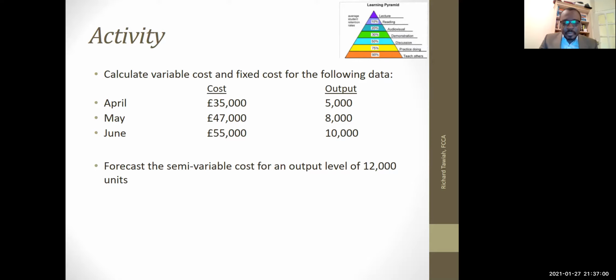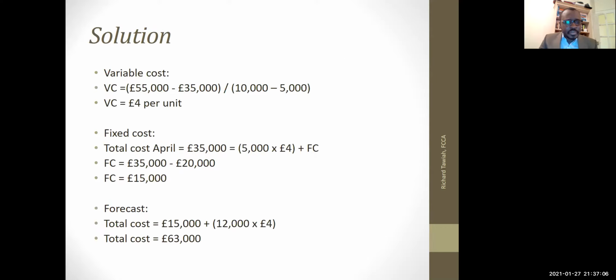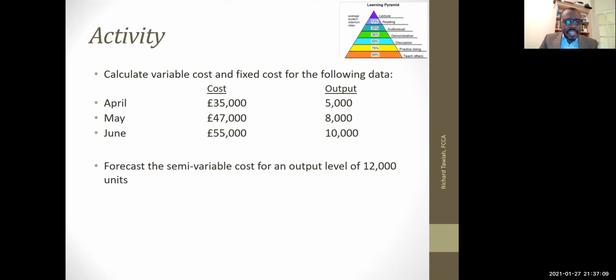And so if you do the same for May, you realize that fixed cost will give us 15,000, and the remaining is a variable cost. So we are asked to find the cost given the activity level of 12,000. What will be the semi-variable cost? Fixed is 15,000.